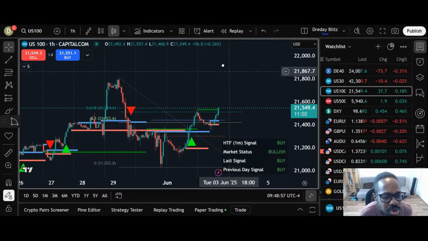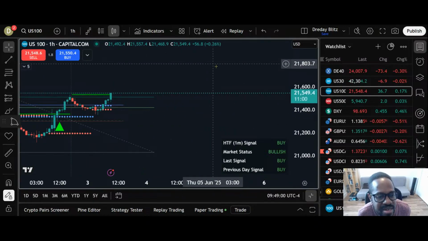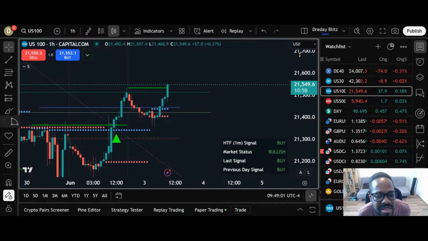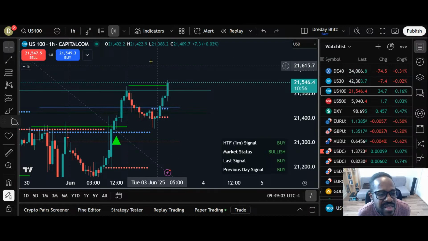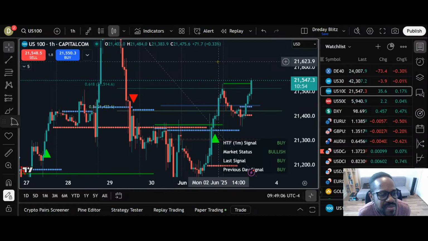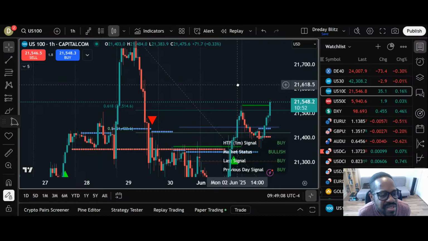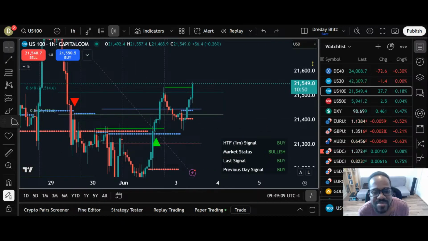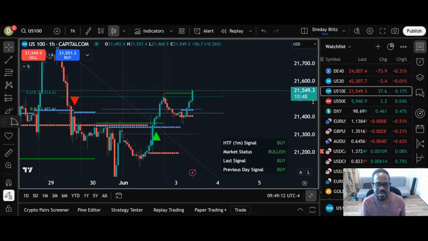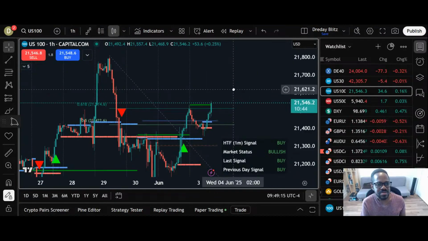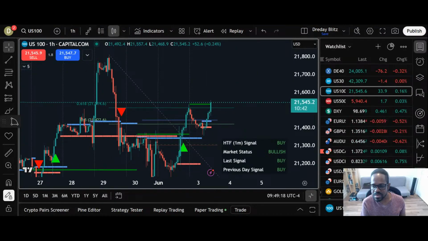So 61.8 is right at that level, but it's breaking out of that level right now on the 1 hour. So we'll see how it goes.